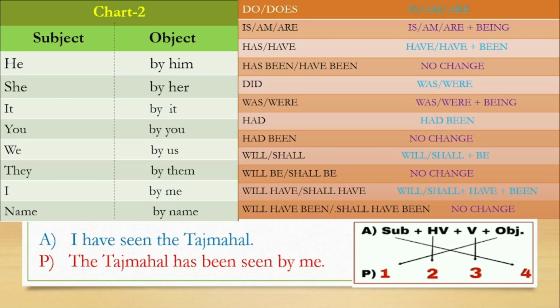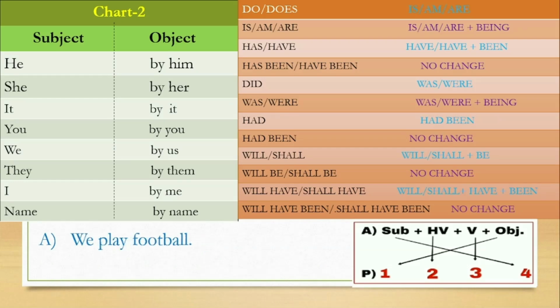Next example: we play football. Football is the object. You will put football in first position. Then the helping verb. As you know, this sentence is present indefinite. When the subject is plural, we do not add s or es to the verb, and do or does are added.